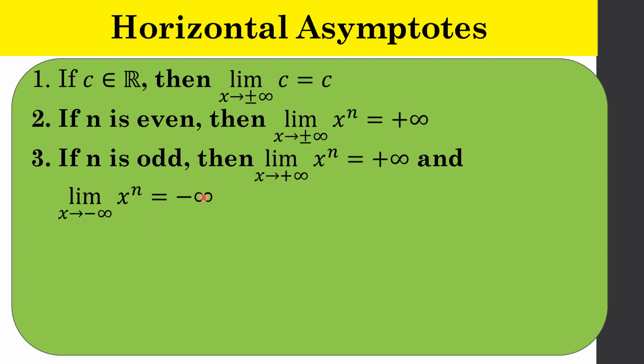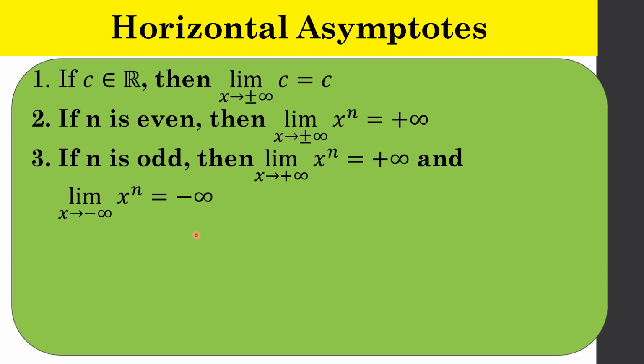Habang negative infinity naman yung magiging limit ng function nyo if x approaches negative infinity. So ito yung tatandaan natin pagdating sa power ng ating function as your x approaches to either positive or negative infinity.